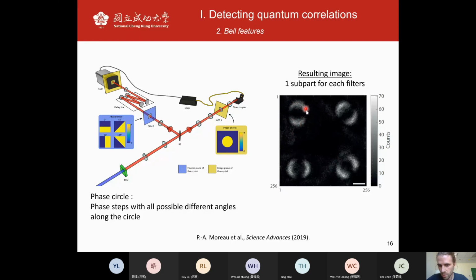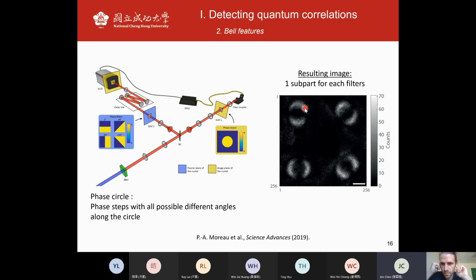I mean, why can the correlation be written in the map, in the spatial map? Because you are studying single photons, right? A single photon correlated with another single photon, so you treat them as a wave packet or something, so that you can find the spatial overlap reflecting their correlation.